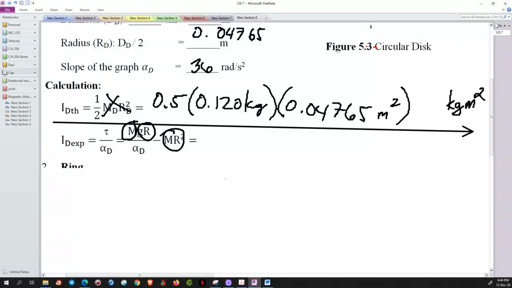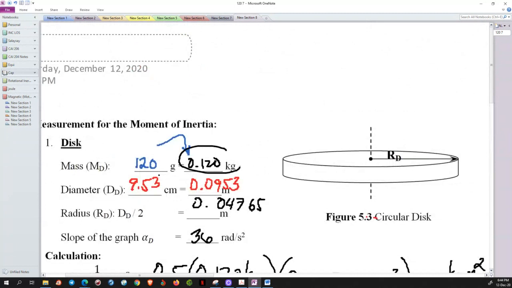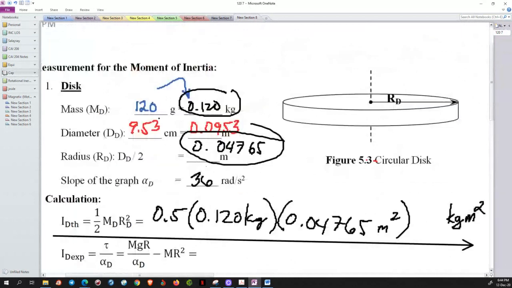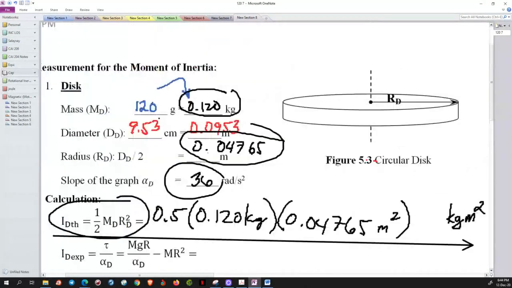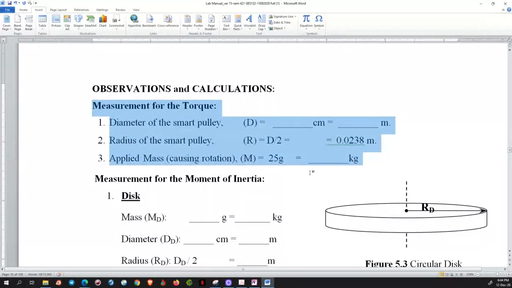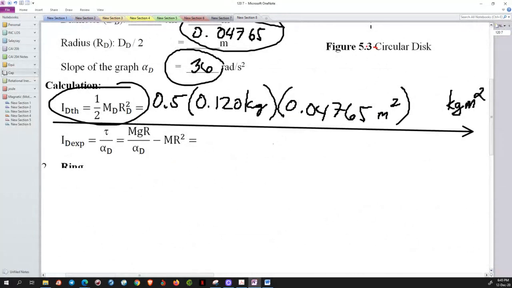That means the measurement of the disk, mass and radius, you will use only for the theory. The measurement for the slope and the measurement for the torque, this one here, you will use for the experiment value. Clear? So go to the experiment value and we will calculate.